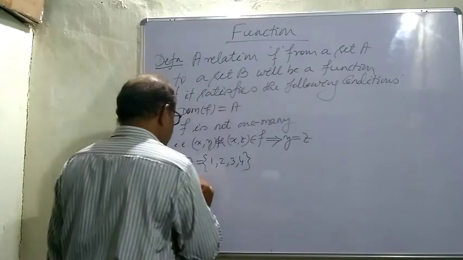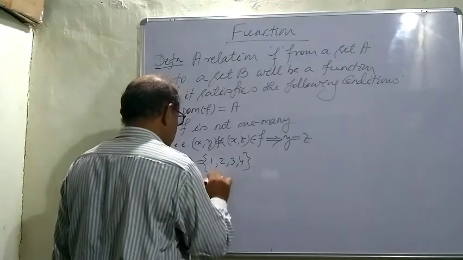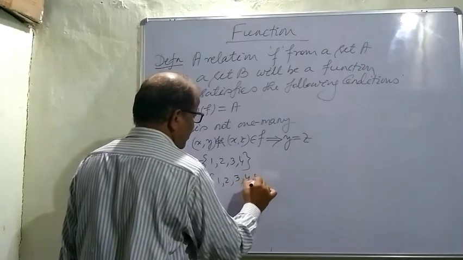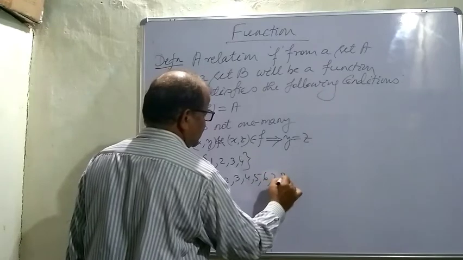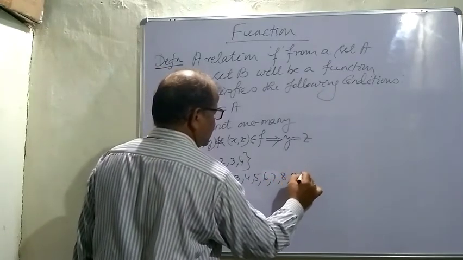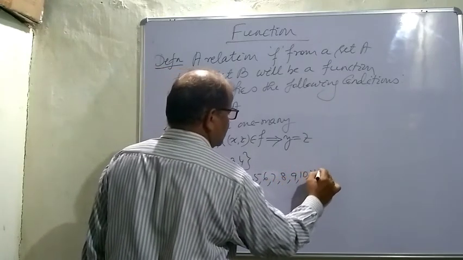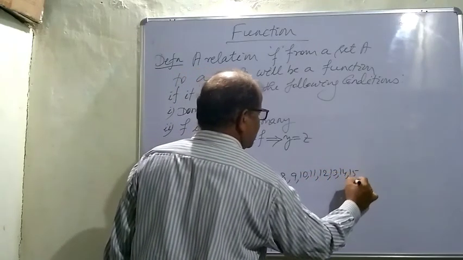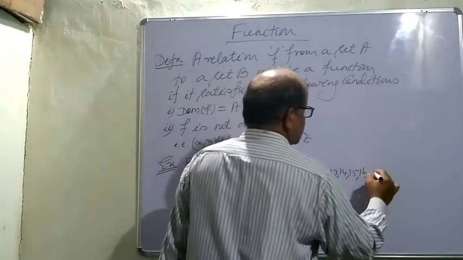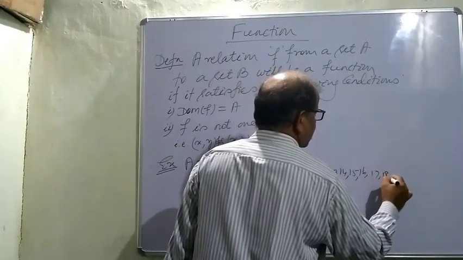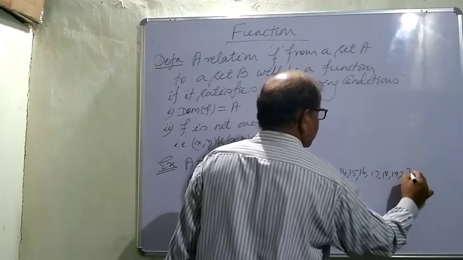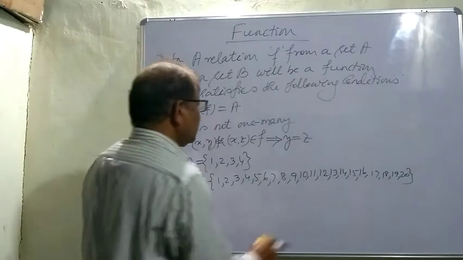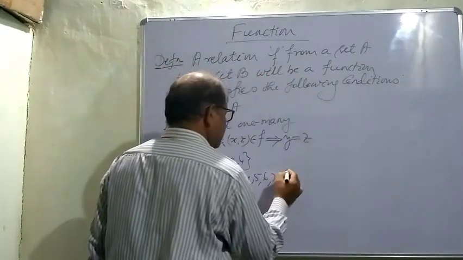Then B is similarly 1, 2, 3, up to 20. Not necessary, suppose I take this.